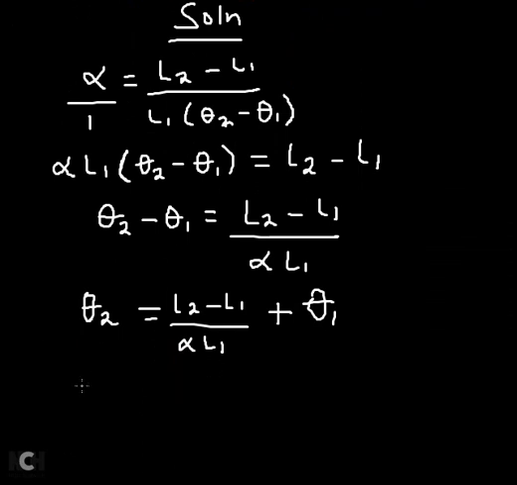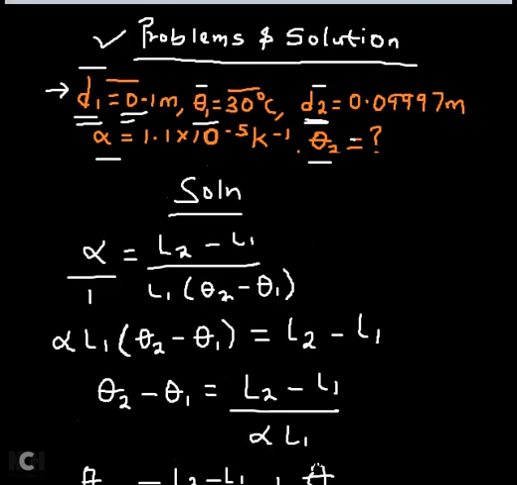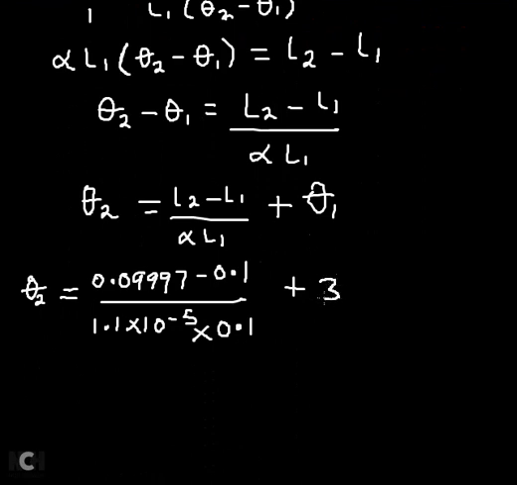Of course, you know that the final length given is 0.09997, while the original length is 0.1, then divided by the alpha, which is 1.1 times 10 raised to the power of minus 5, then multiplied by the original length, which is 0.1. Then plus theta 1, the initial temperature, which is 30 degrees Celsius. So I have to put that here, 30.